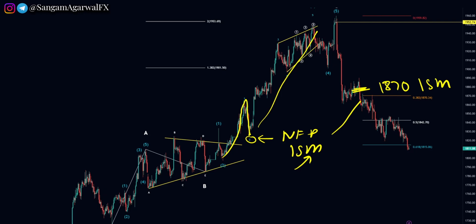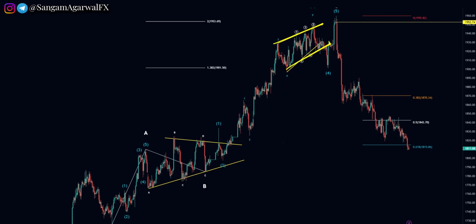So you can see news and technical both were verifying each other. And ending diagonal, same as written in the book: when traders do FOMO buying, then we get an ending diagonal chart pattern. Everyone buys and they keep buying, but after the ending diagonal pattern completes, the market drops instantly in a vertical line.